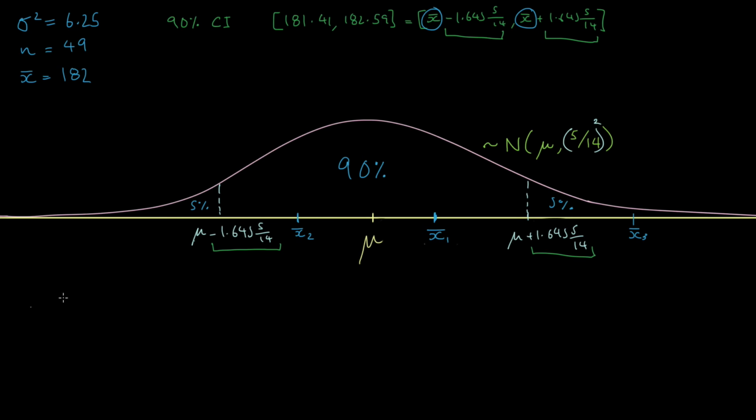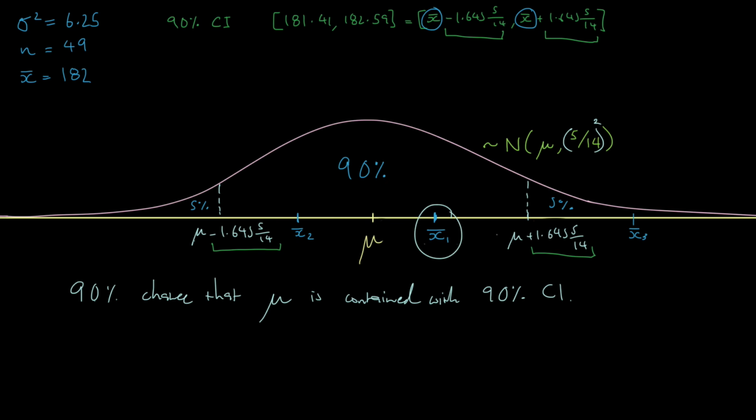And so why do we say that there's a 90% chance that the true population mean mu is contained within a random 90% confidence interval? Well, when we choose a random confidence interval, we're really just choosing a random sample mean. And notice that 90% of our sample means are contained within this length probability interval, and those will always contain mu within their confidence intervals.